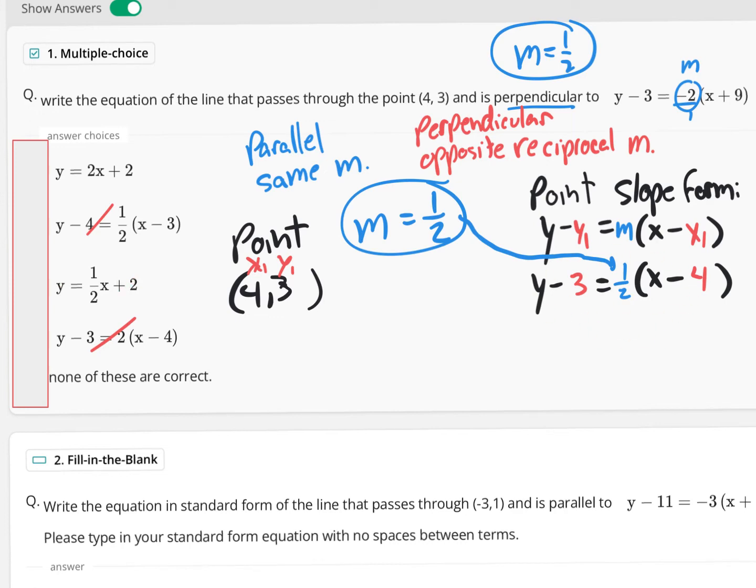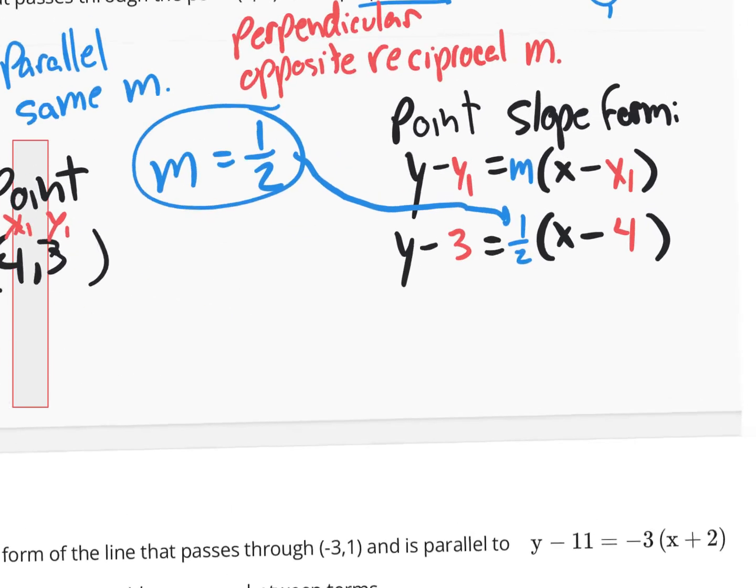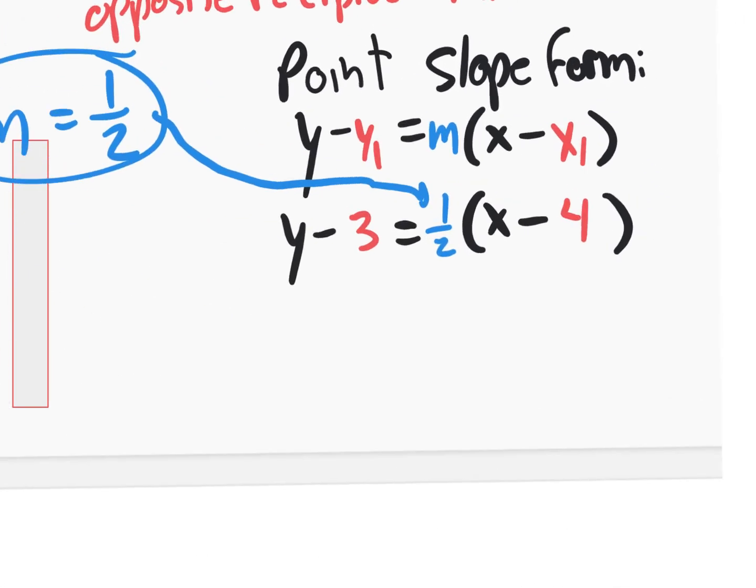Well, first of all, y equals mx plus b does not have parentheses, so you would actually have to distribute those parentheses. So let me actually zoom in here and distribute the 1/2 into the parentheses. So 1/2 times x is 1/2 x, and 1/2 times -4, if you do that on a calculator, that'll be -2.